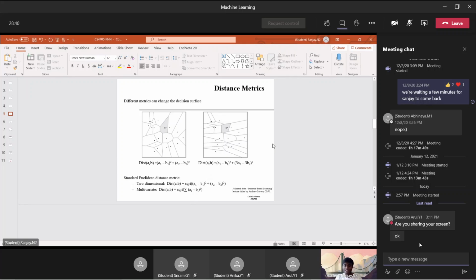And that logically makes sense, right? So this is not a very complex concept, even though the math might look a little complex to some people. But yeah, it's just what it seems like it is. You're just looking at the distance between the point that you are trying to classify or find the value of the regression model, and the closest point, and you're using a distance metric to find that.